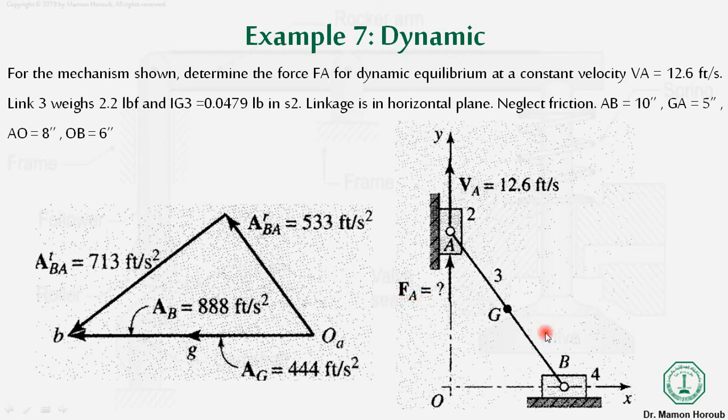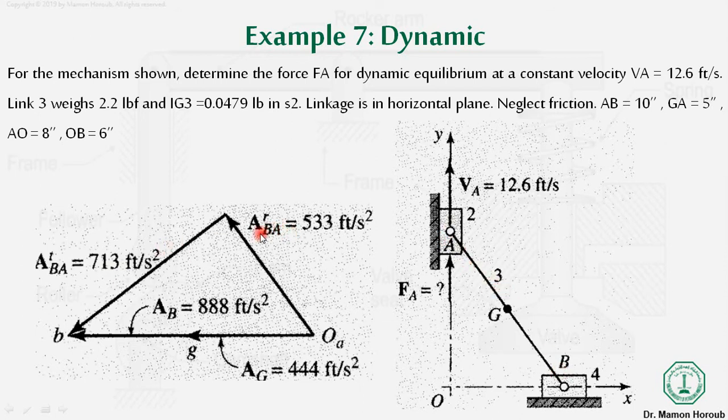So we will start from link 3. In the acceleration polygon, it is giving the complete information related to link 3. You can see the acceleration B with respect to A tangential, which is for link 3.